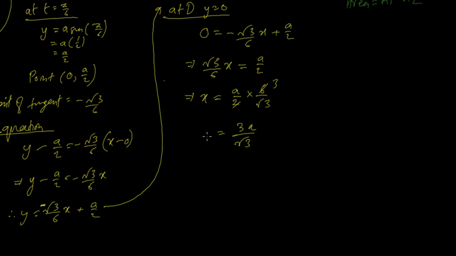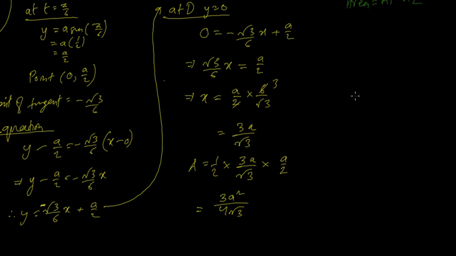So the area would be half into base OD, which is 3a by square root of 3, into height. The height is the y-coordinate, which we already found, a by 2. So the area is 3a squared divided by 4 square root of 3.